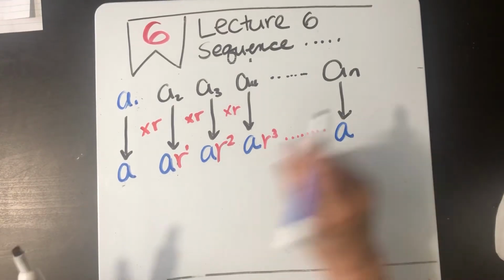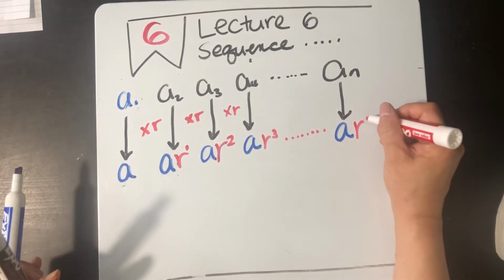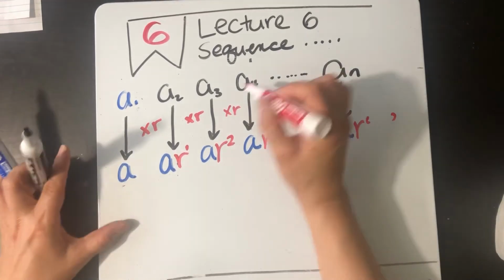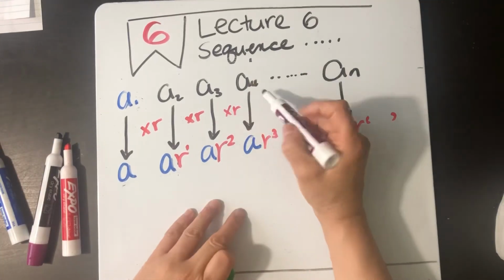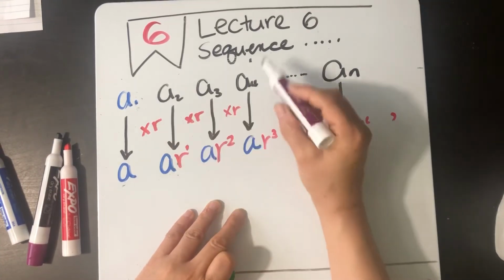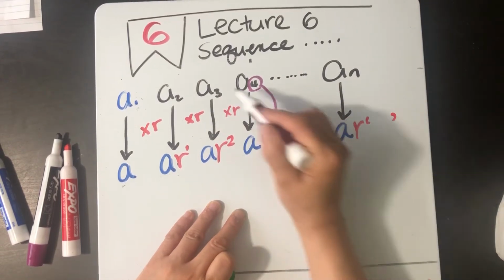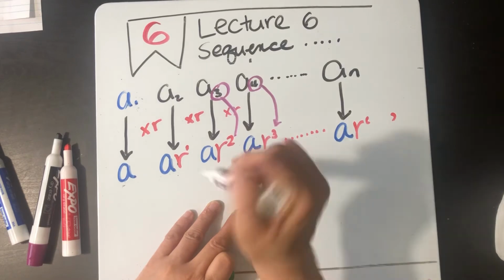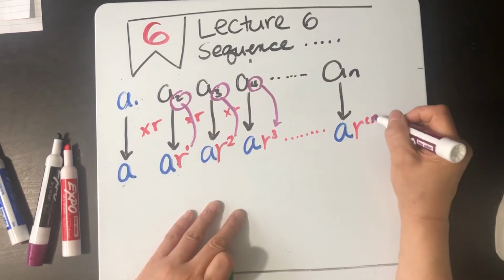So this is A, and then we have R. But how many R? What's the number here? Let's look at the relationship with N. For 4, the exponent is 3, one less. 3 and 2, one less. 2 and 1, one less. So for N, the exponent is N minus 1.